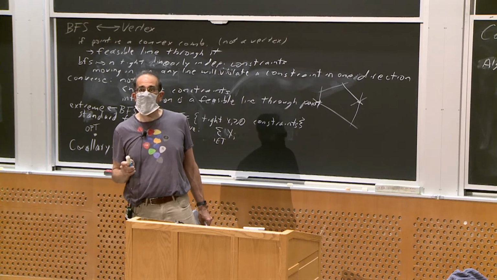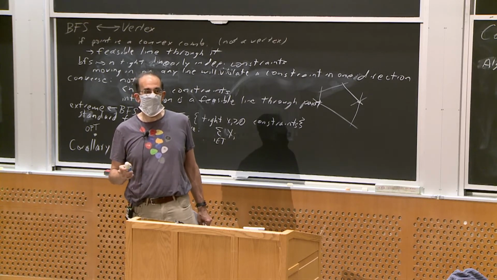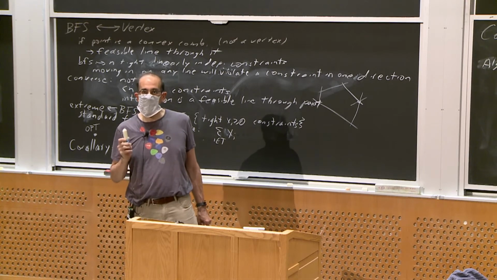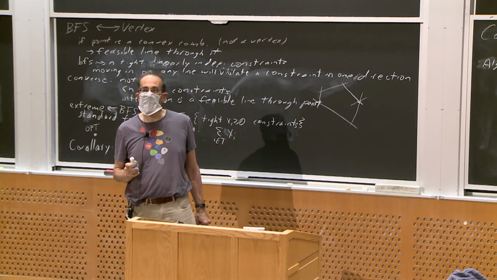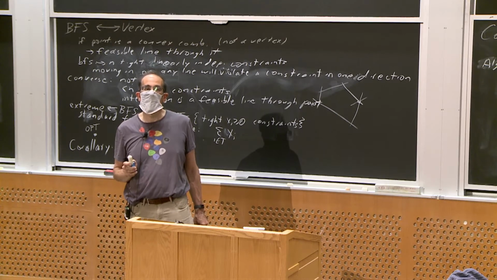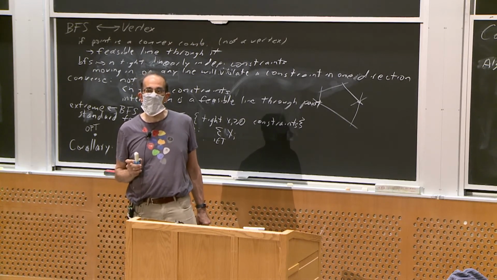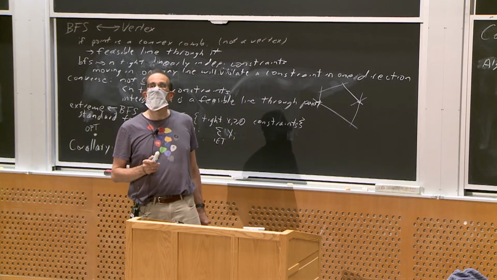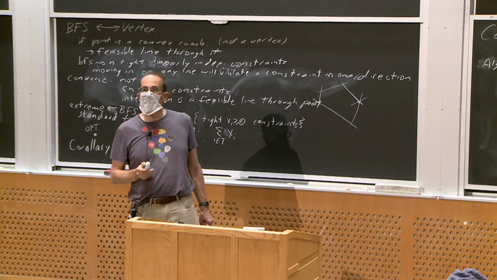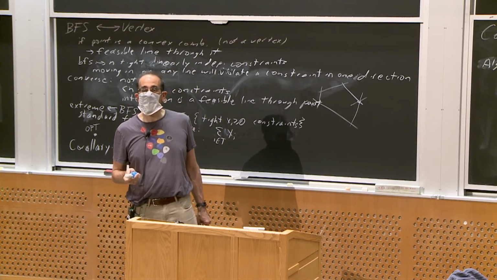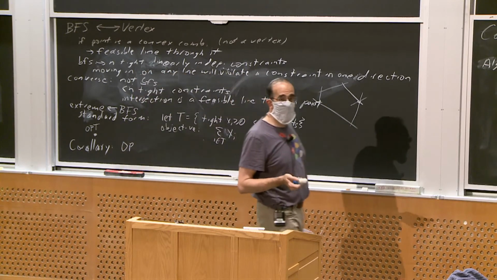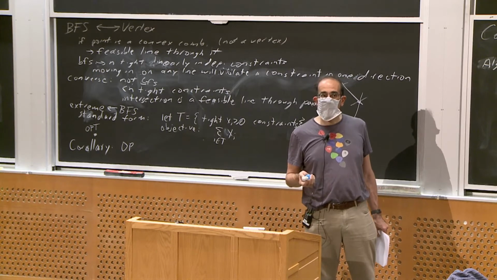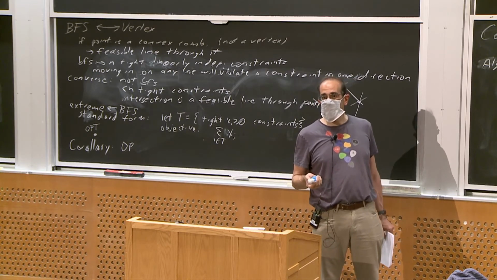Now, in standard form, all the tight constraints are xi greater than or equal to 0. So if we want to make one of those tight, what should we do? Make it 0. We are feasible, which means xi is greater than or equal to 0, and so the way to make it 0 is to decrease it.